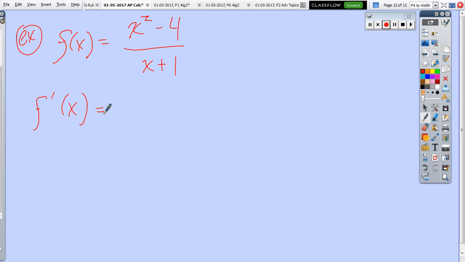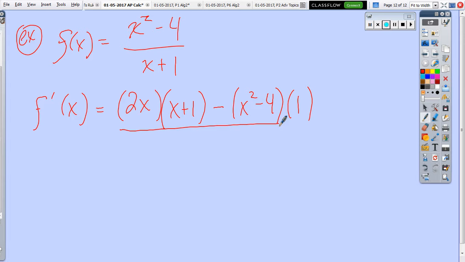So f prime of x by the quotient rule: derivative of the top is 2x, leave the bottom alone, minus leave the top alone times the derivative of the bottom, all over the bottom squared.